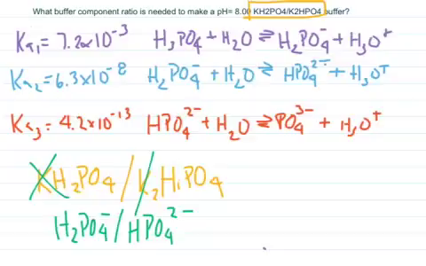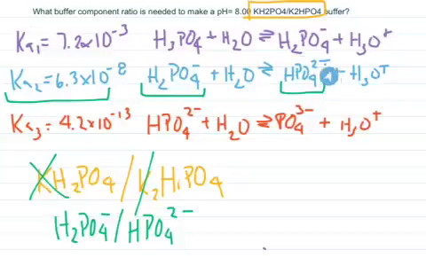So this is associated with Ka2 because it has my acid and my weak base, H2PO4 minus and HPO4 2 minus. So it's exactly what we're looking for. When I'm using this equation, I'm going to be using the Ka2 of phosphoric acid.